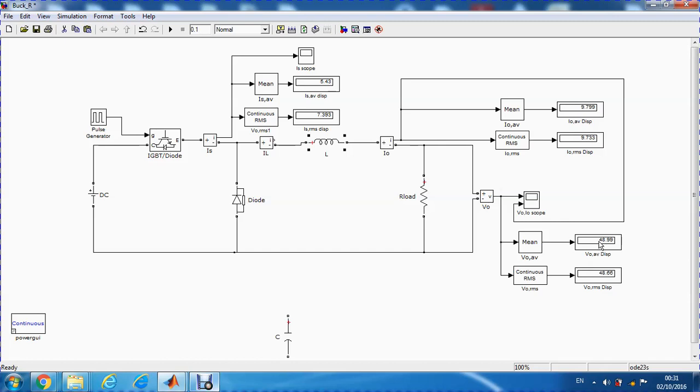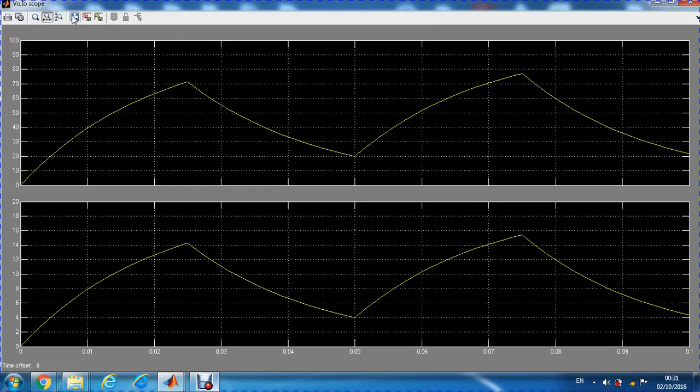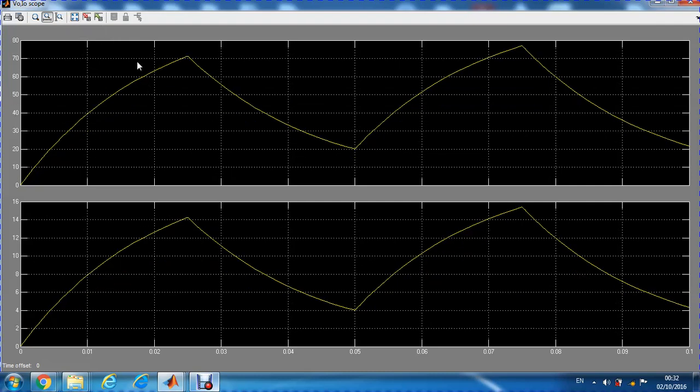As you can see here, the average value of the voltage almost equals the RMS value of the voltage, which means that the average value is equal to the RMS, and this means that is a good achievement. Also, the current has changed here, and the values are almost the same. Let's look at the oscilloscope and see the waveforms. Yes, it's a big difference actually.